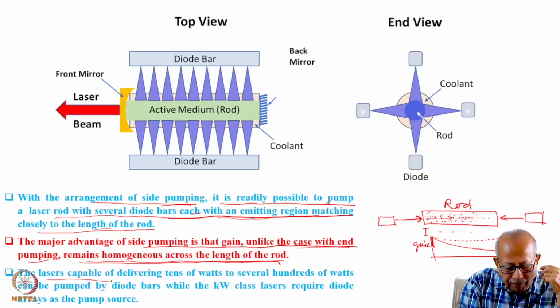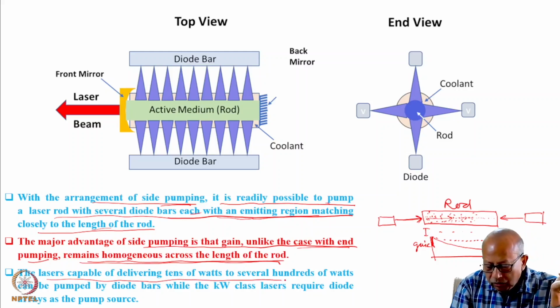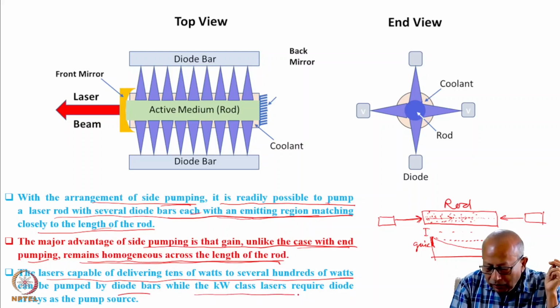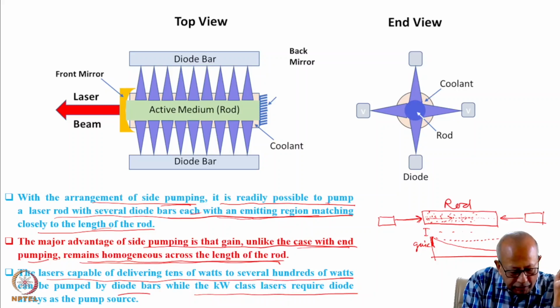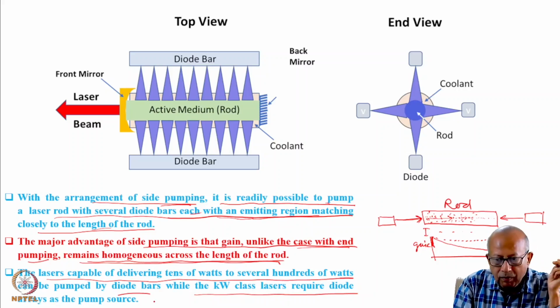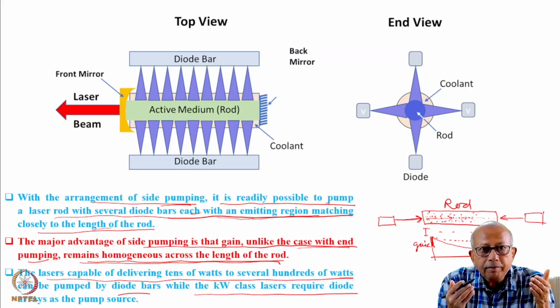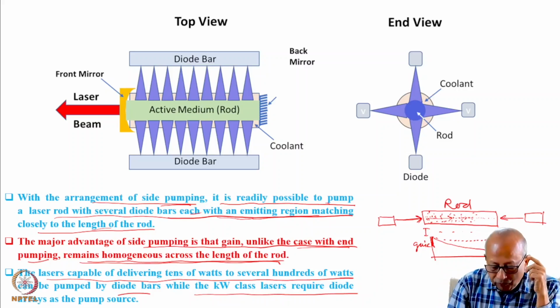Lasers capable of delivering tens of watts to several hundreds of watts can be pumped by diode bars, while the kilowatt class lasers require diode arrays as the pump source. If you have to obtain kilowatts of power, then the laser needs to be pumped by diode arrays.